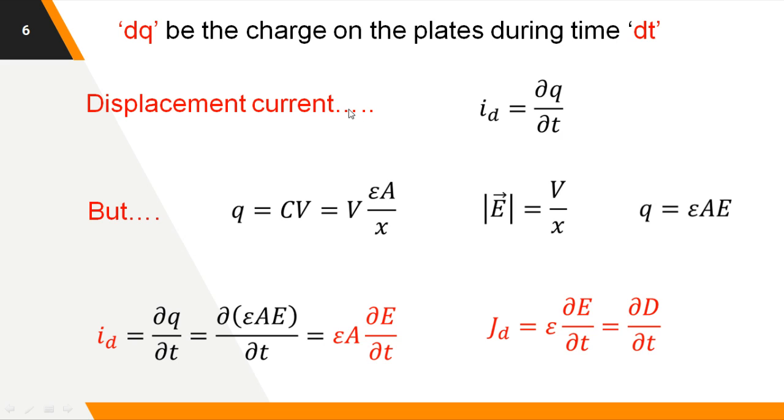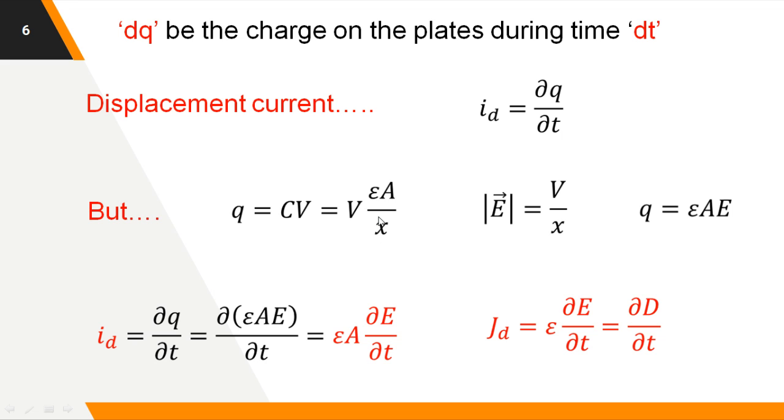Therefore, the displacement current, the flow of the charges here, is id equals dq by dt. Now q is nothing but, in a capacitor, C into V. C is epsilon A by X. A stands for the area of cross section, X stands for the distance of separation between the plates.